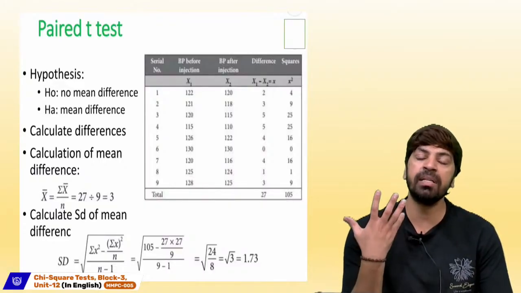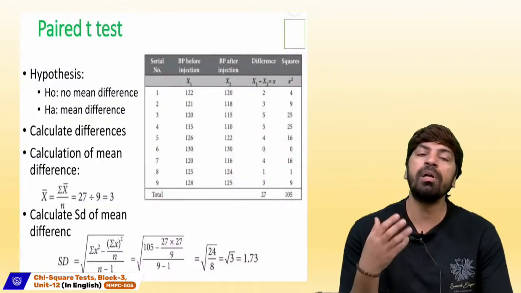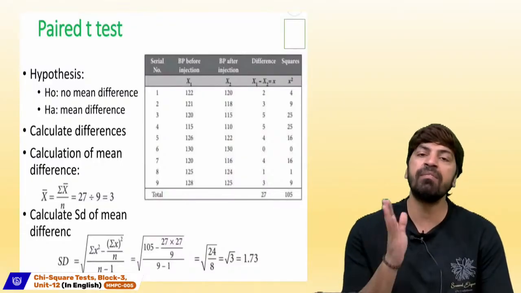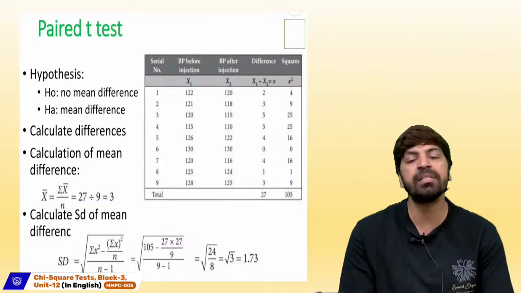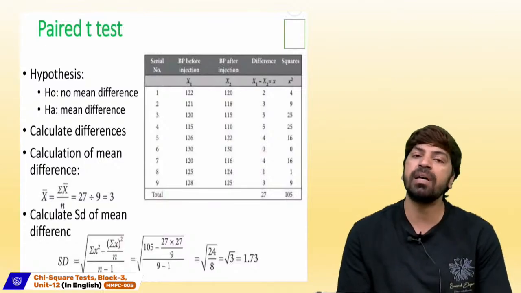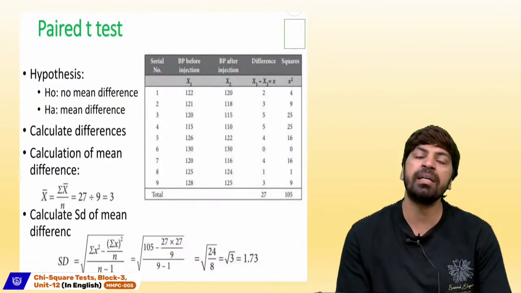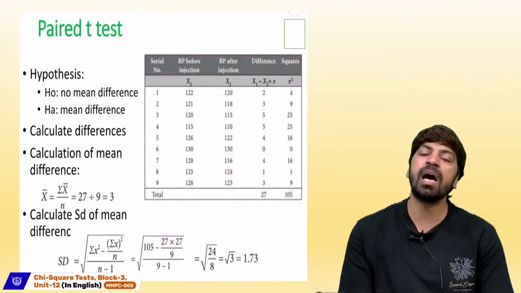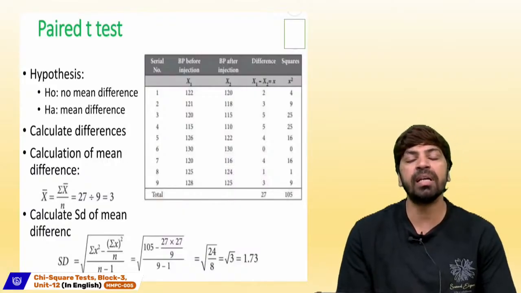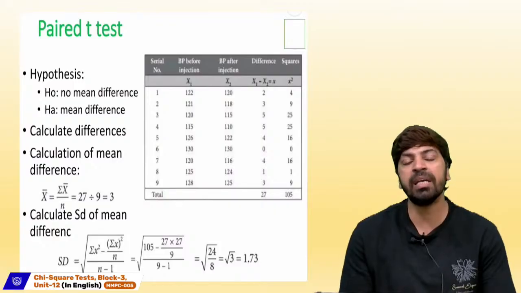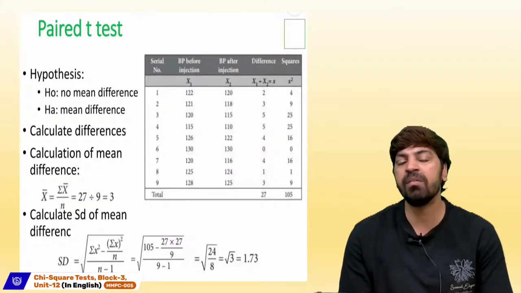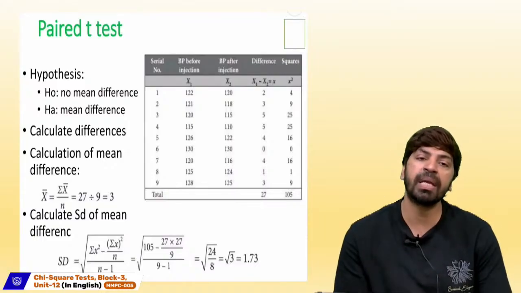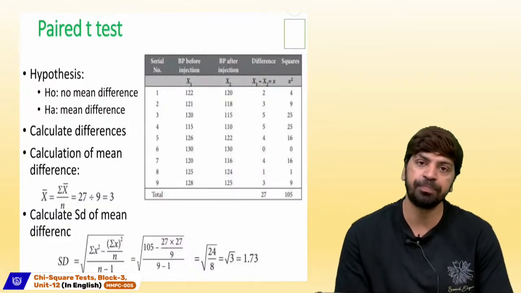It is called a paired t-test because when the number of values of variable 1 equals the number of values of variable 2, 9 equals 9, then we can use the paired t-test.